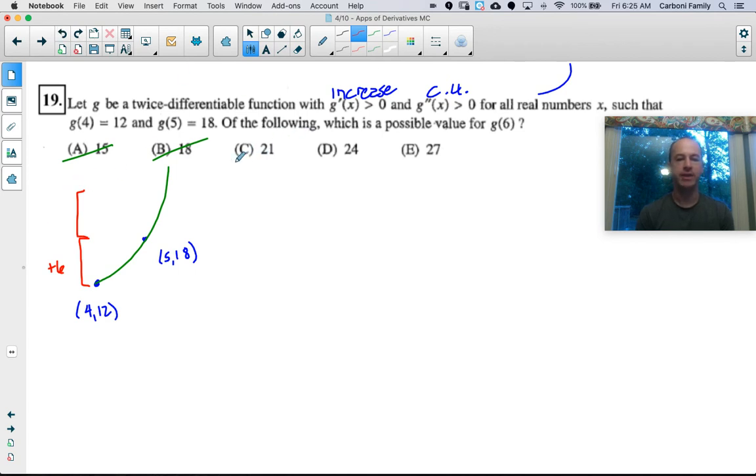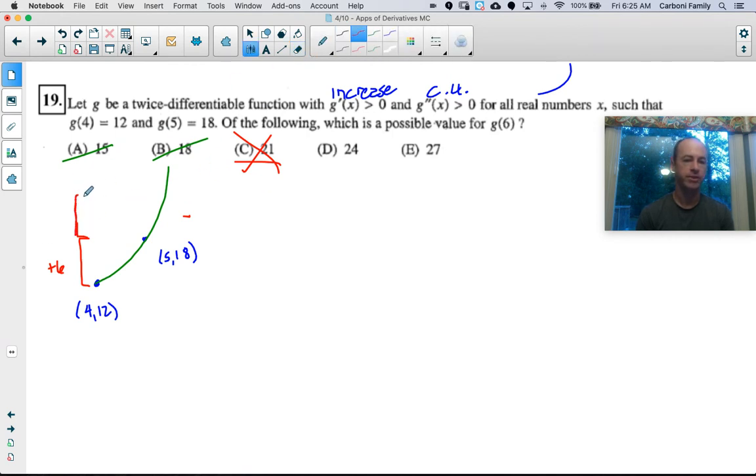If I tried to increase 3 units to get to 21, well, an increase of 3 units would not allow me to be concave up. I'm going to have to level back off and swap to concave down to hit that point. So that one's out.